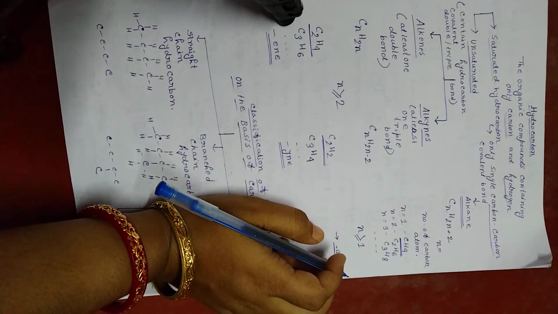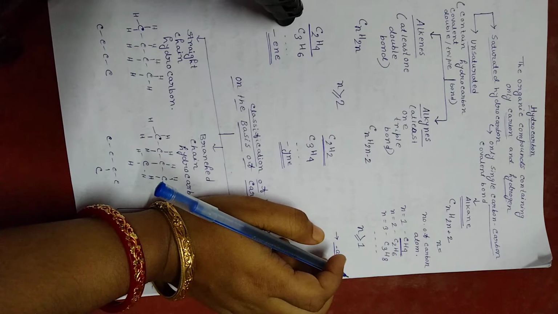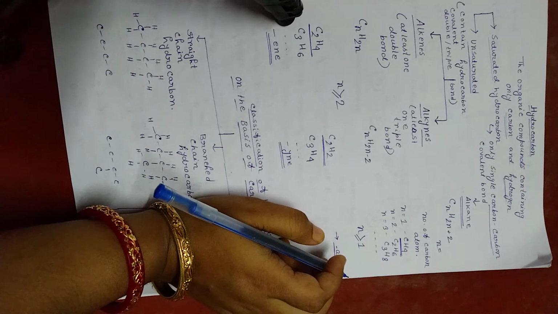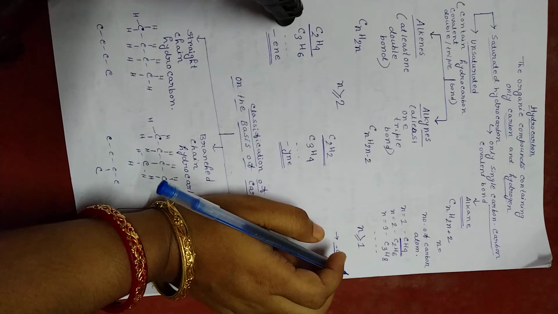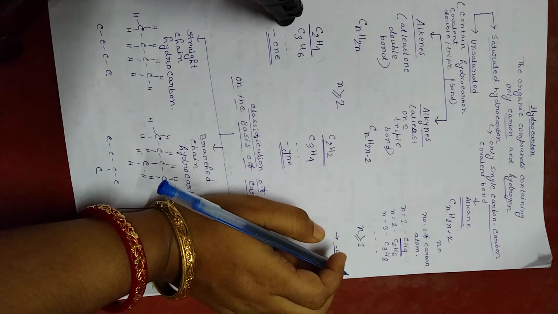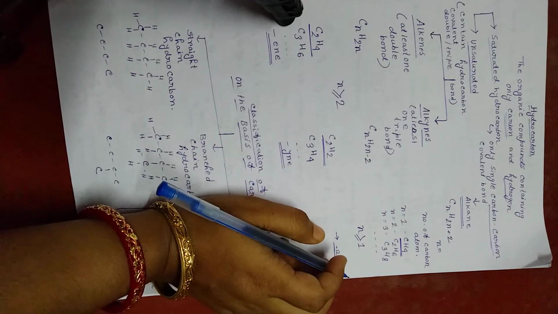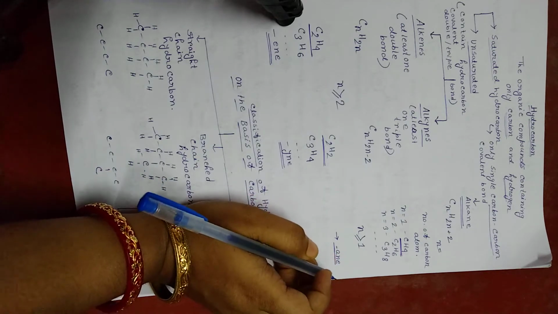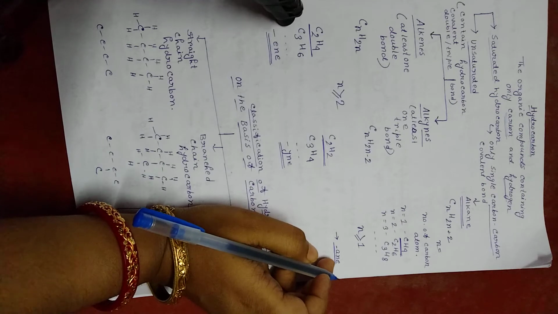I hope you all know the word root represents the number of carbon atoms in the compound. For one carbon we use meth, for 2 eth, 3 prop, 4 but, 5 pent, etc. After the word root we use "ane" as a suffix.